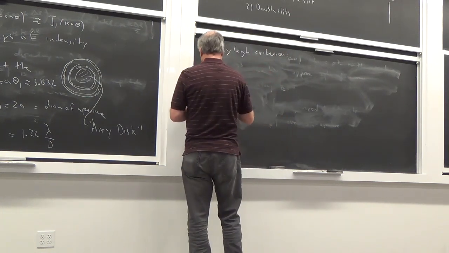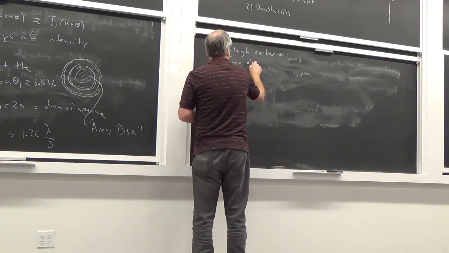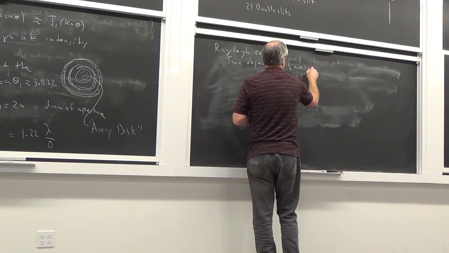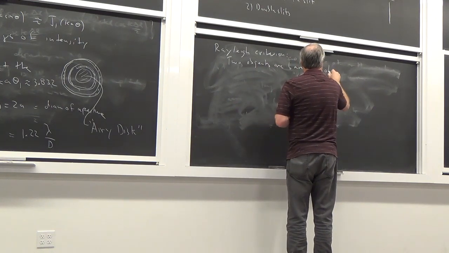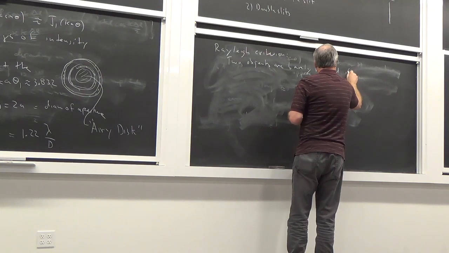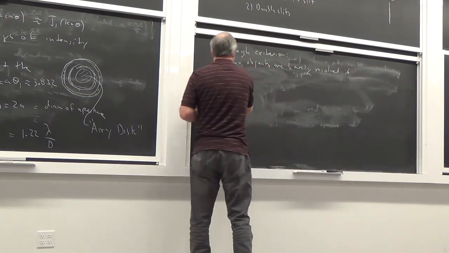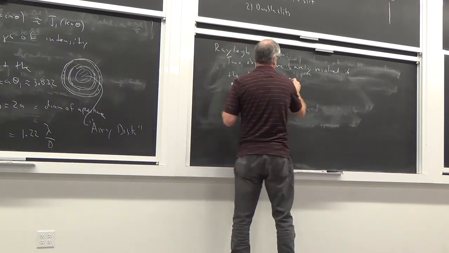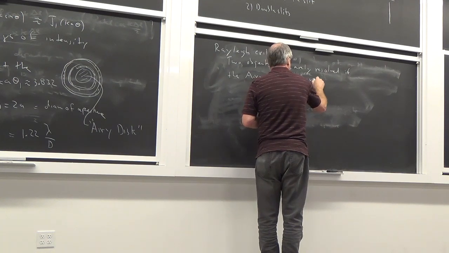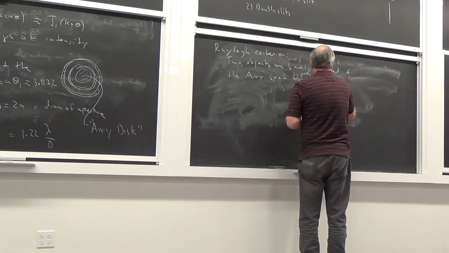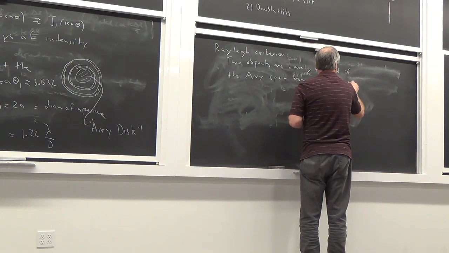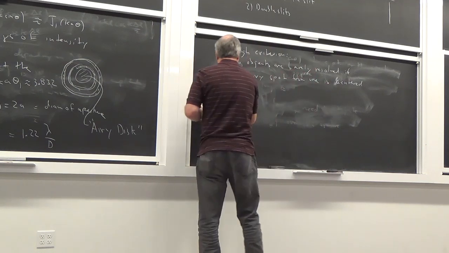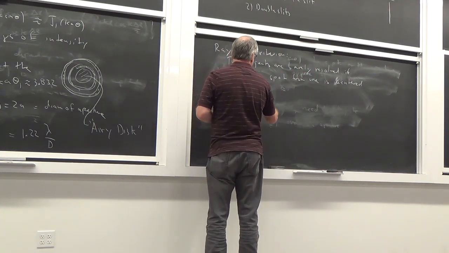It states that two objects are barely resolved, just barely resolved, if the Airy spot, the central disk for one, is centered on the first dark ring of the other.